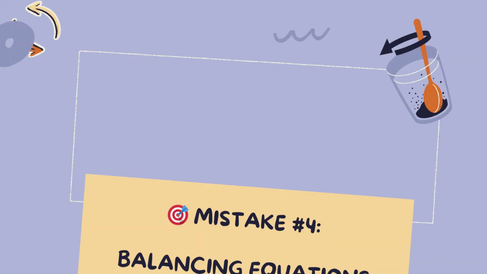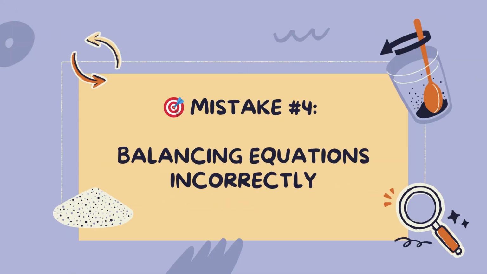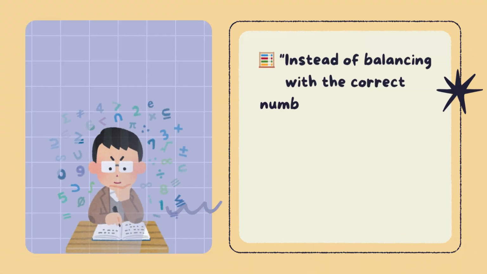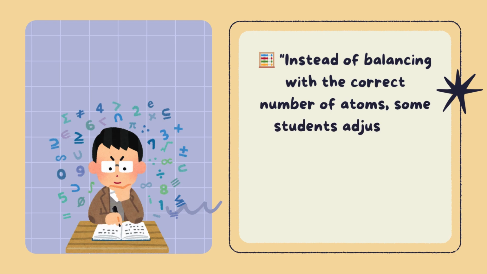Mistake number 4, balancing equations incorrectly. Instead of balancing with the correct number of atoms, some students just adjust the formula itself. That's a big no. Do not adjust the formula. Do not change the formula. The formula will be the same.